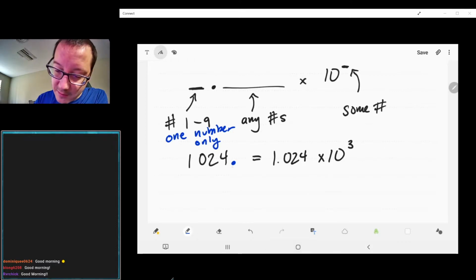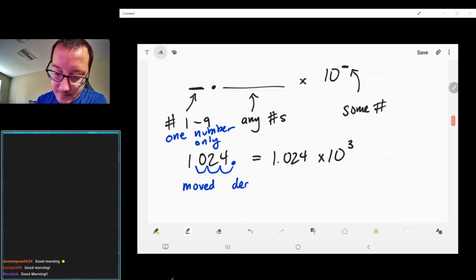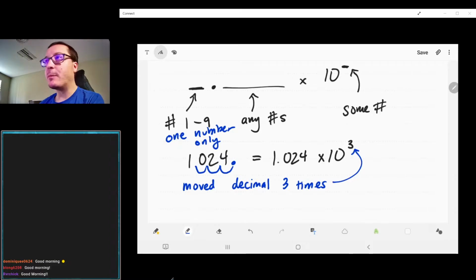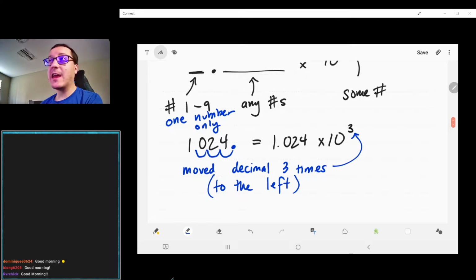And so we can see we're going to move it once, twice, 3 times in order to get it in that nice spot where we're going to have one number to the left of it. And as a result, since we moved the decimal 3 times, that's where this number comes from up there. Because we moved the decimal 3 times, in this case we moved it to the left, we're going to get positive 3 as our exponent there.